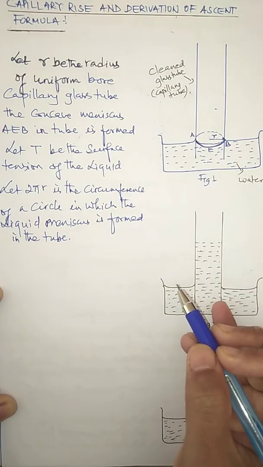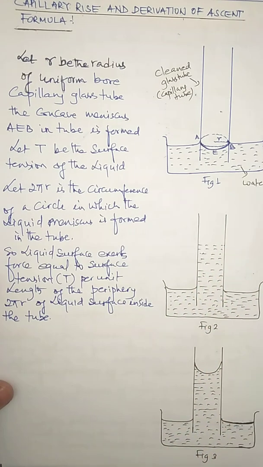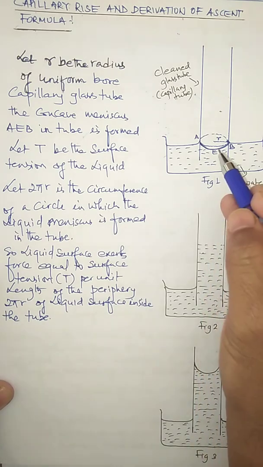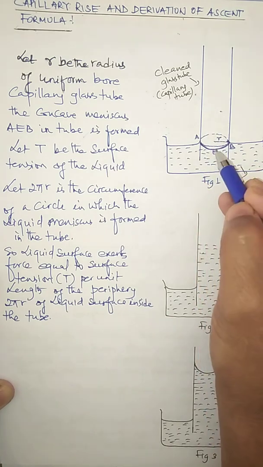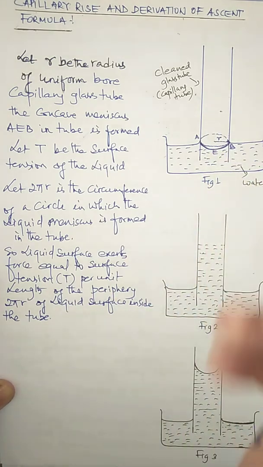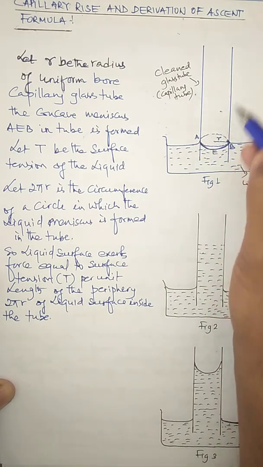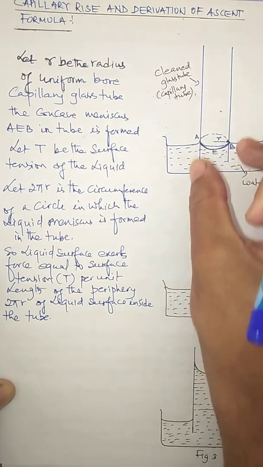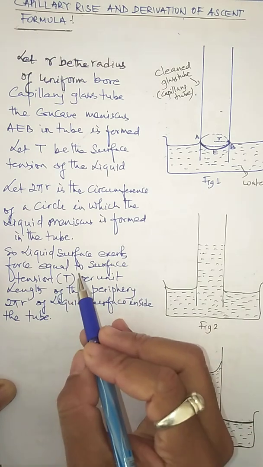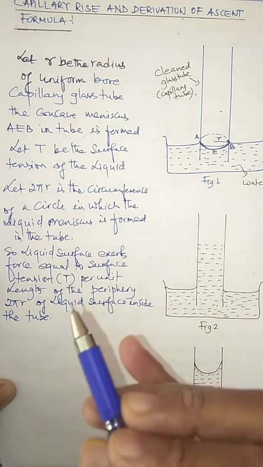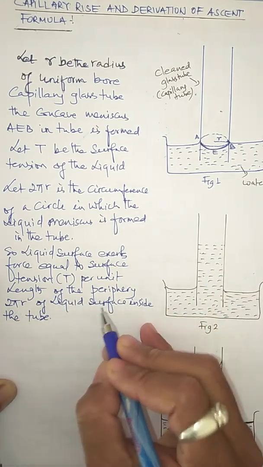And this force makes the liquid exert in such a way that, when the liquid forms this type of meniscus and forms the circumference of a circle which is equal to 2 pi r, then for every unit length of this periphery, which we also call the edges of the circumference of the circle where the liquid is in contact with the surface of the tube, the liquid surface exerts a force, and that force is equal to the surface tension, capital T, per unit length of the periphery, 2 pi r, of the liquid surface inside the tube.